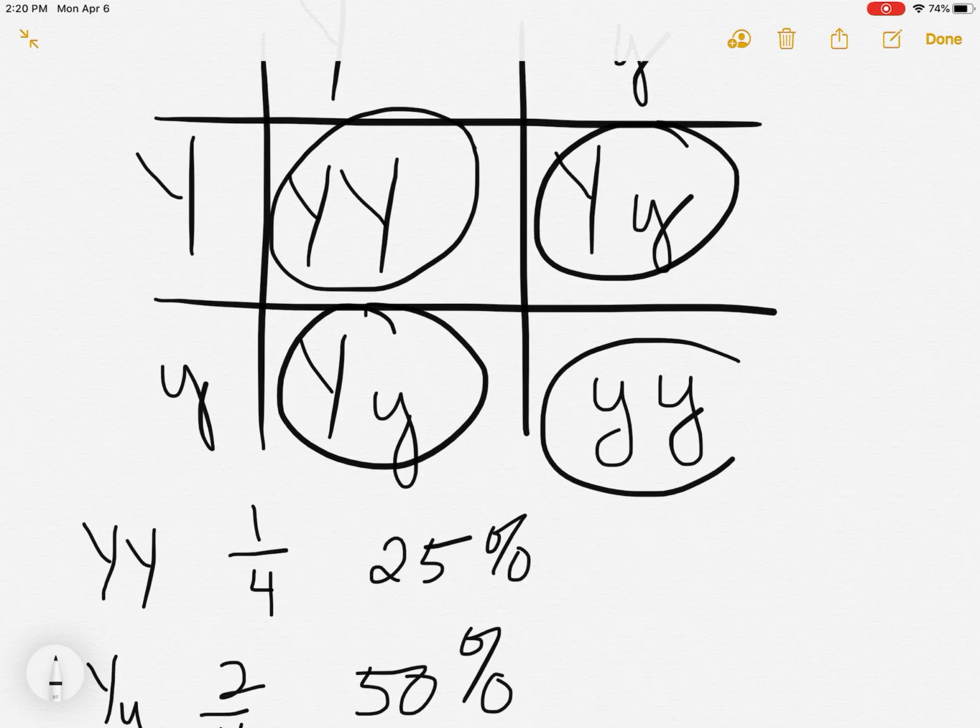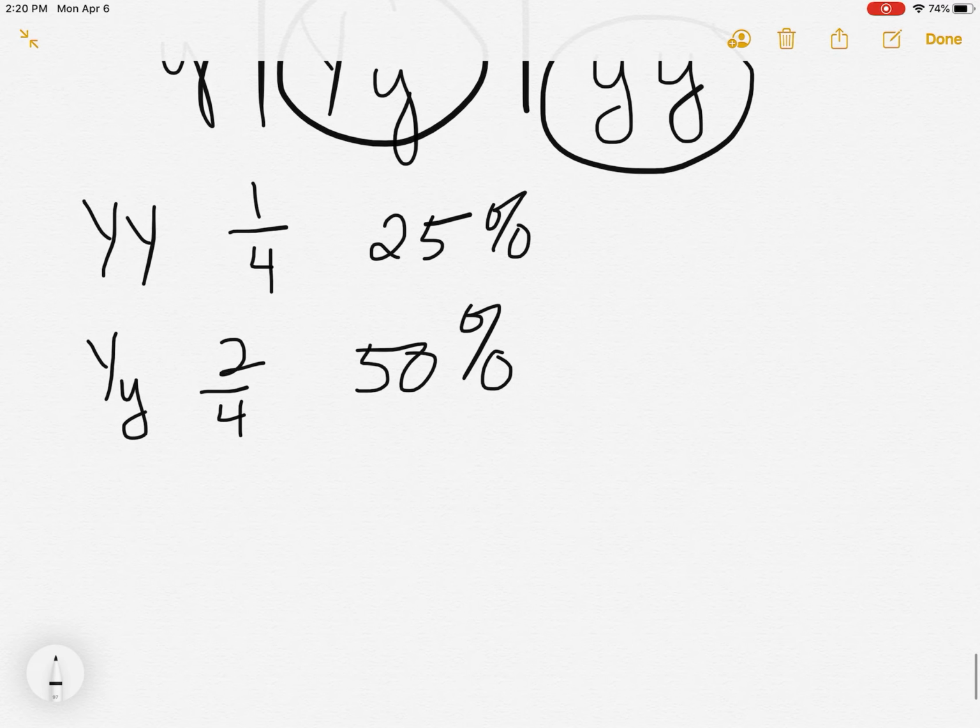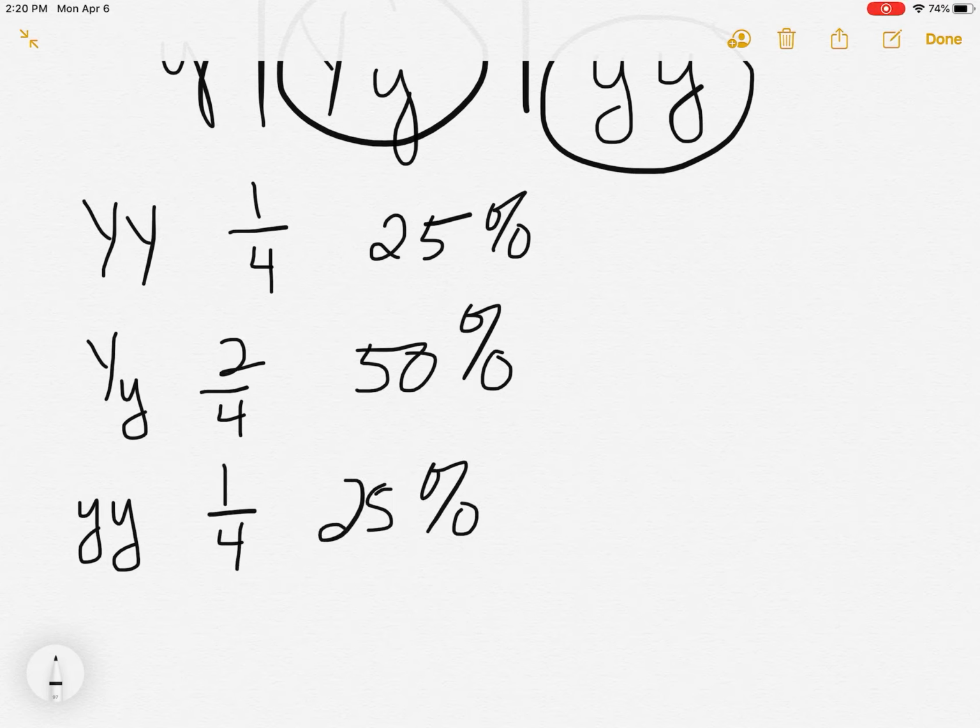And then looking back, there's only 1 combination out of 4 that gives us the homozygous, they're both the same, homozygous recessive combination. That's 25%. And of course, that adds up to 100, right?